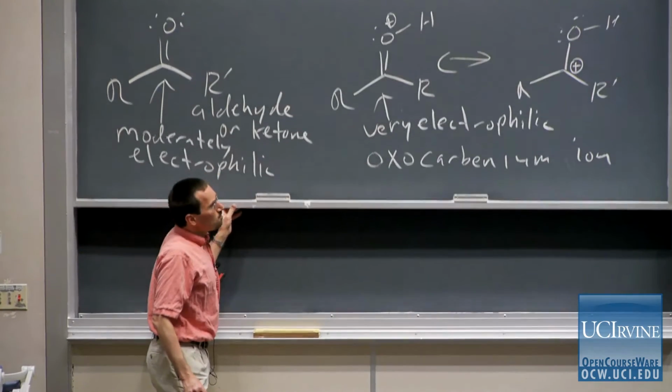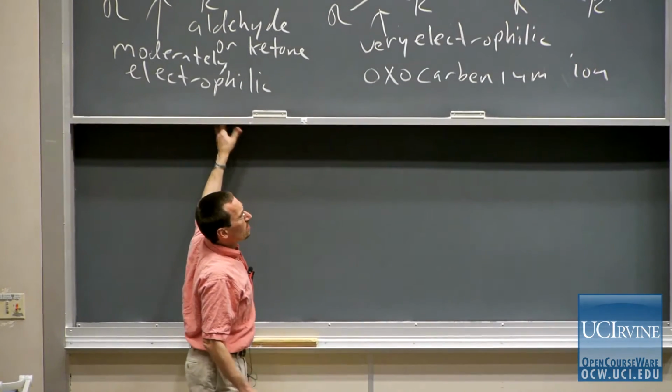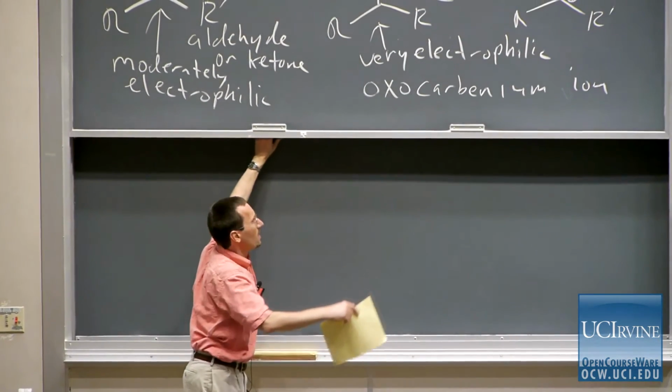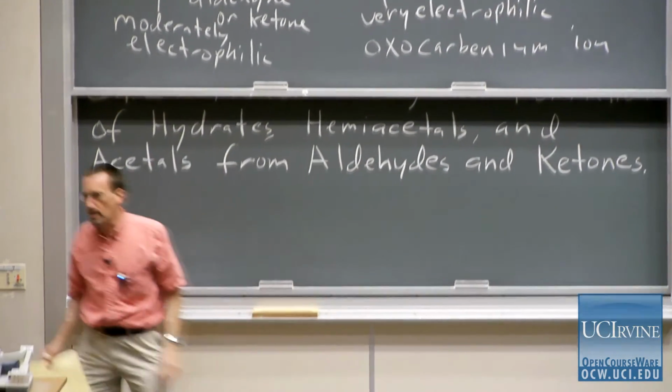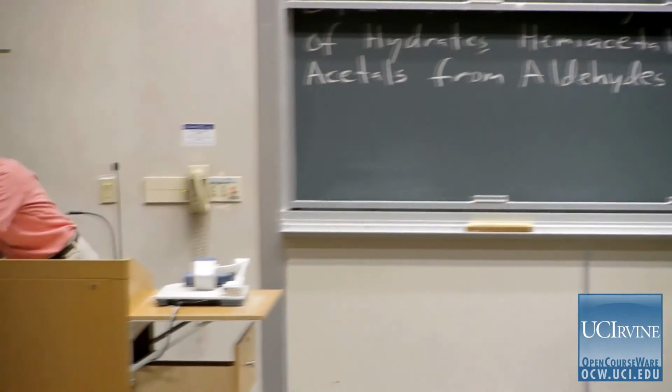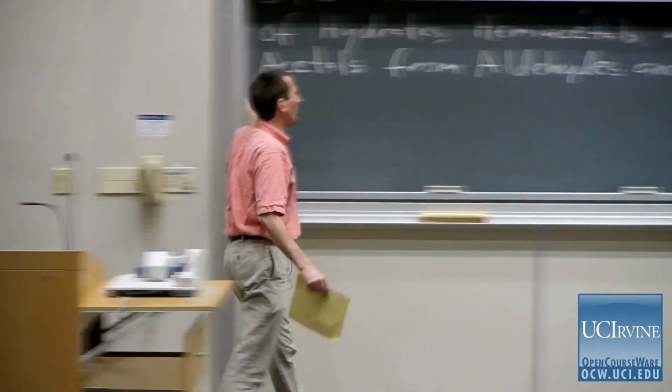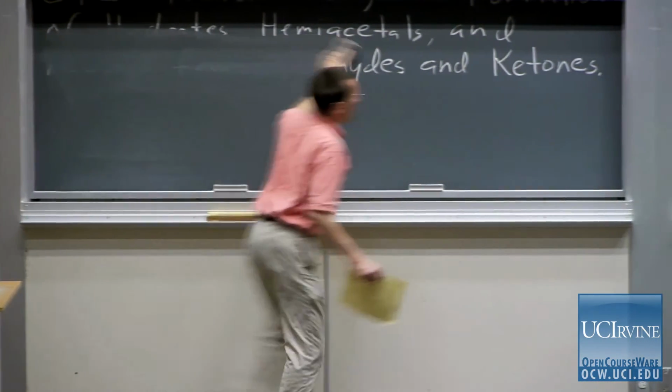All right, at this point, I want us to be able to look at how we get at the mechanism, because this is going to become a big theme here, the mechanism of how we get from the aldehyde or from the ketone to the geminal diol.